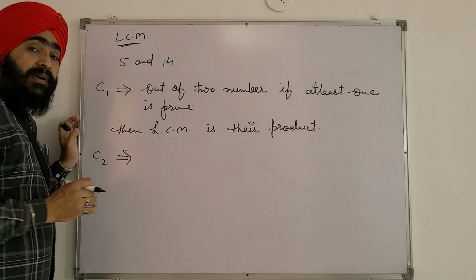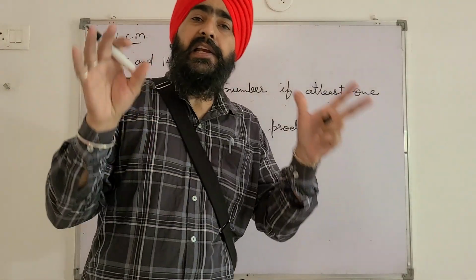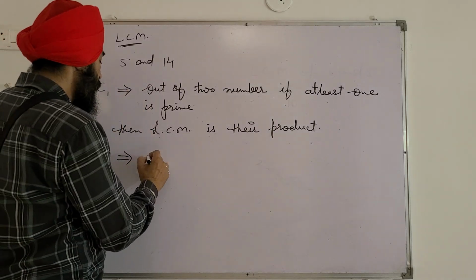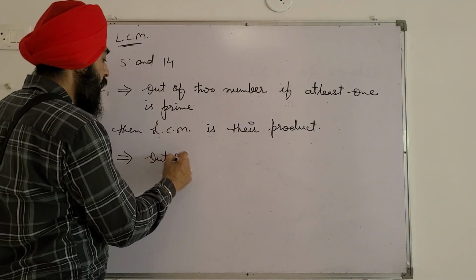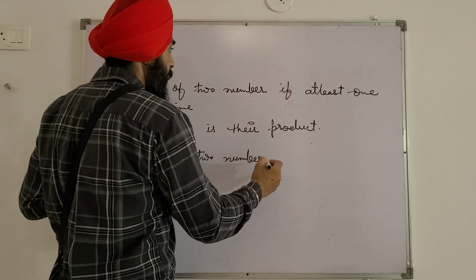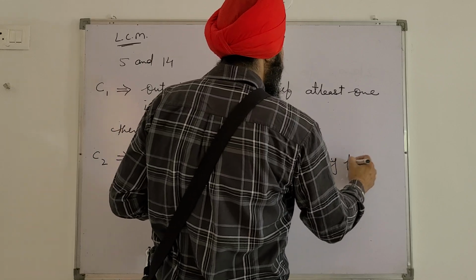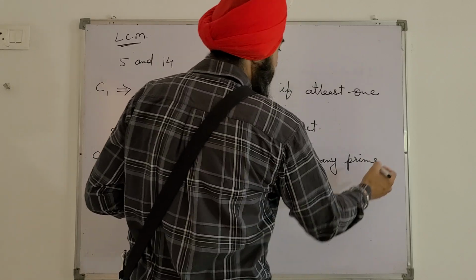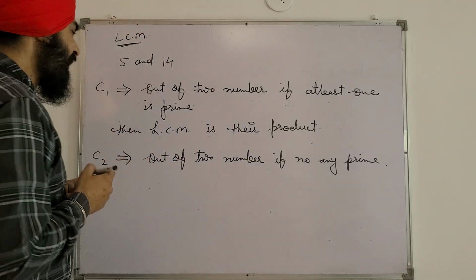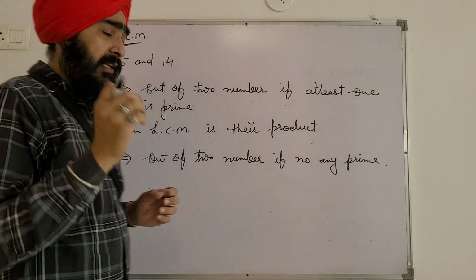Okay, so what is condition second? Condition second is: out of two numbers, if none is prime. अगर दोनों में से कोई भी प्राइम नहीं हो तो in that condition we have to follow one procedure like this.